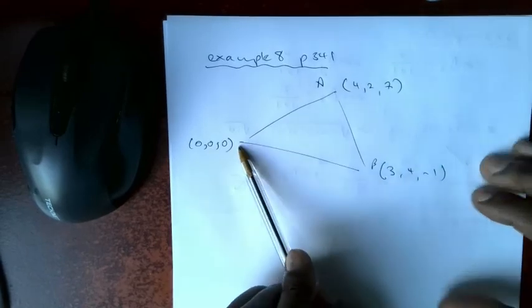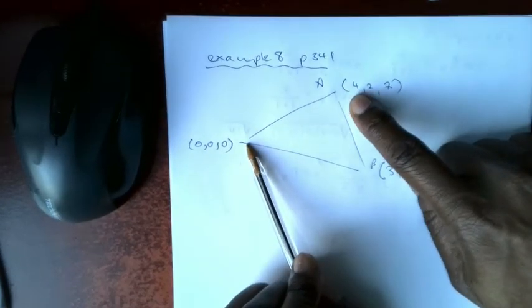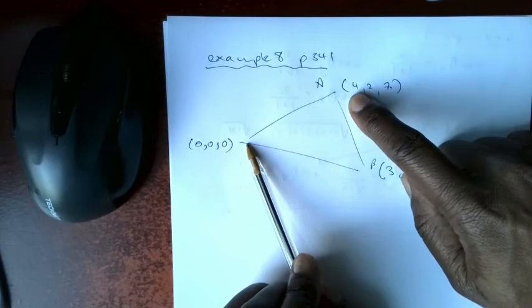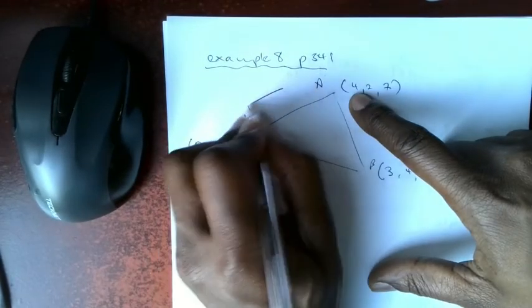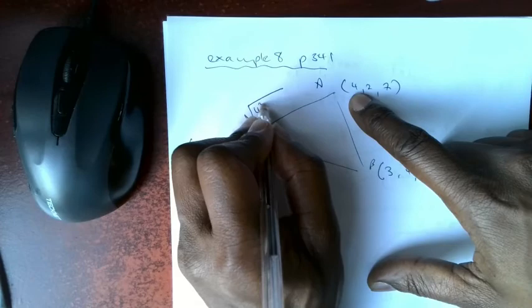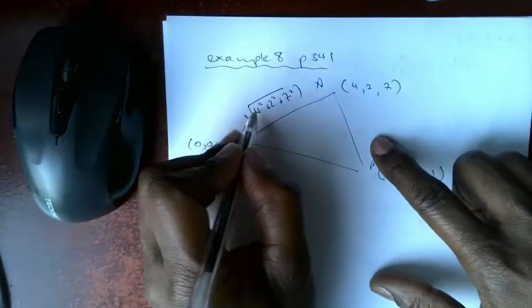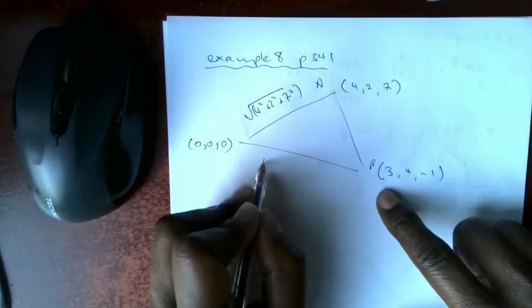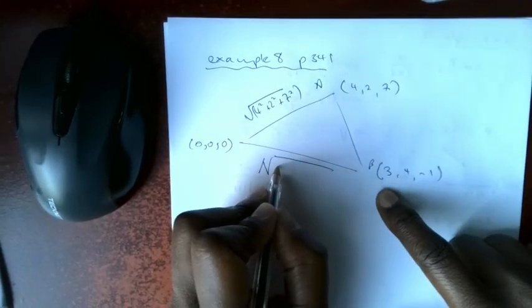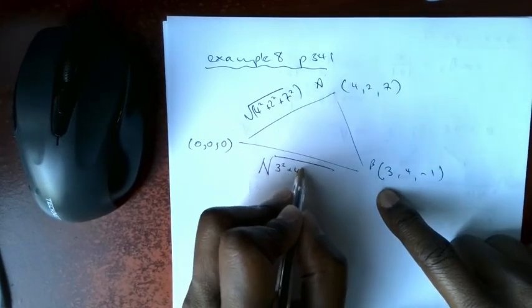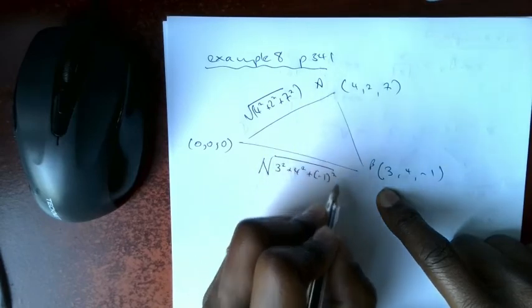So if I work out the length from here to here, so again, just work out the difference between those. So that would be the square root of 4 squared plus 2 squared plus 7 squared. Work out the length of this side. That would be the square root of 3 squared plus 4 squared plus negative 1 squared.